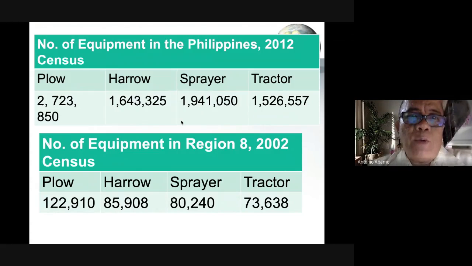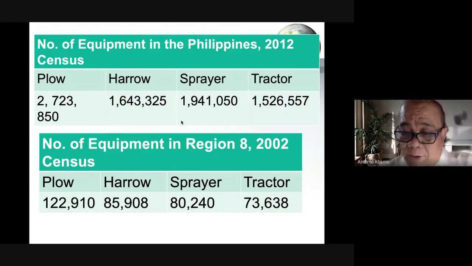When it comes to, for example, plow, you have 2 million, harrow 1.6 million, sprayer 1.9 million, and then you have 1.5 million for tractor. And then the number of equipment in Region 8, basically, is from a 2002 census, which needs updating. You have plow at 122,000, harrow 85,000, and so on, tractor with 73,000.